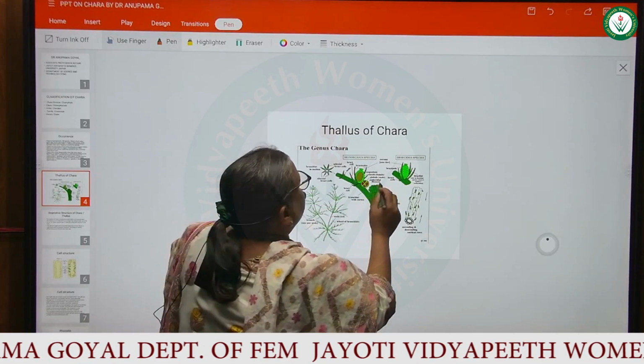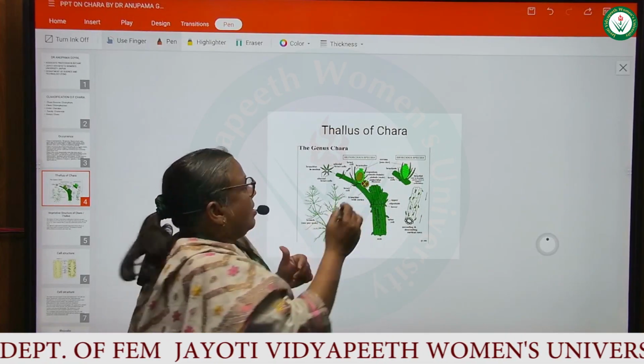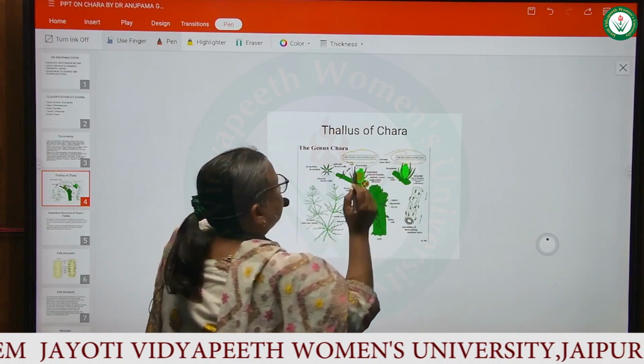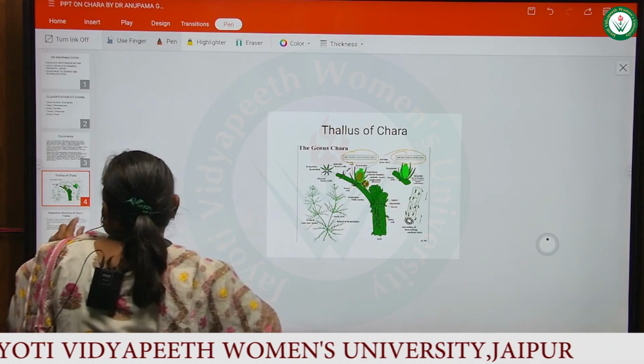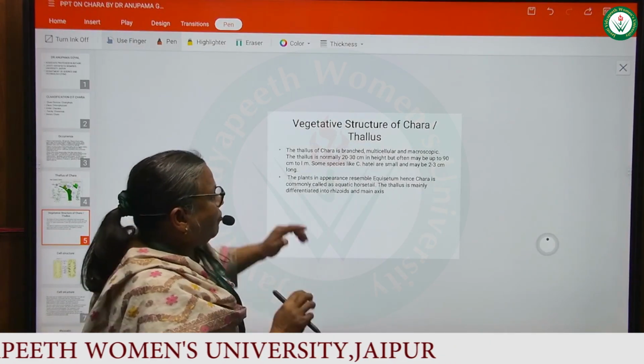Here in this diagram you can see there are two types of species of Chara, monoecious species and dioecious species.